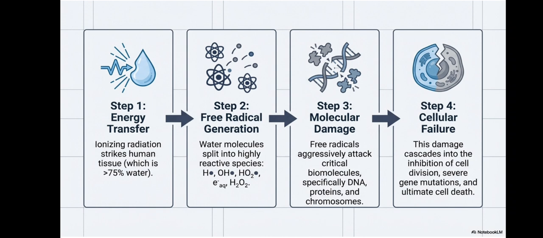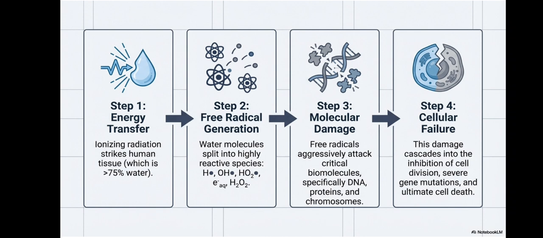Second is free radical generation. The interaction process produces free radicals such as hydrogen, H2O and H2O2. These reactive species damage critical biomolecules, including DNA, proteins and chromosomes.